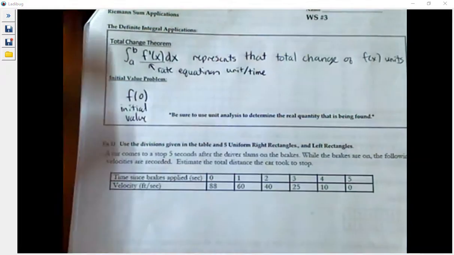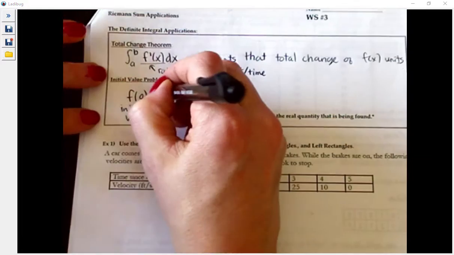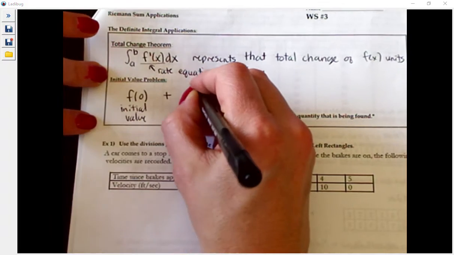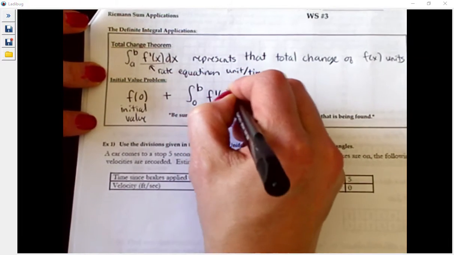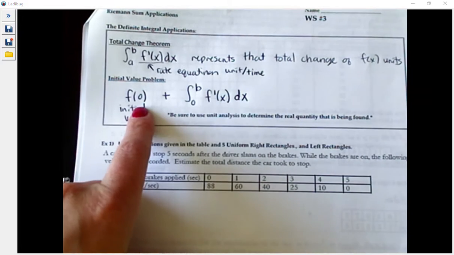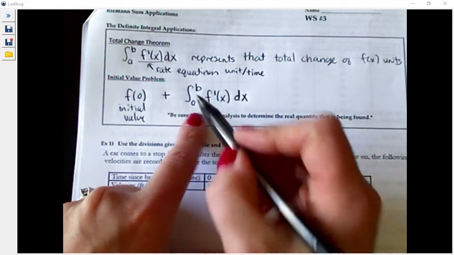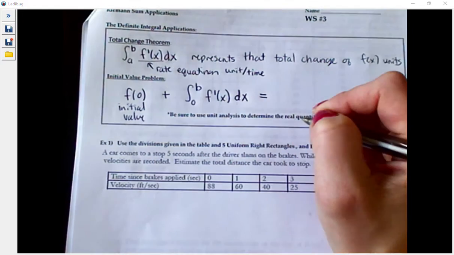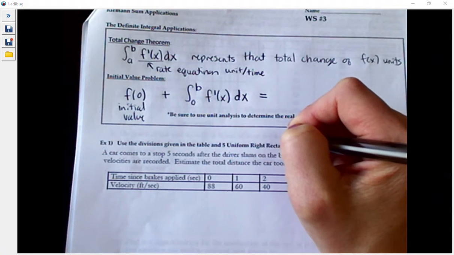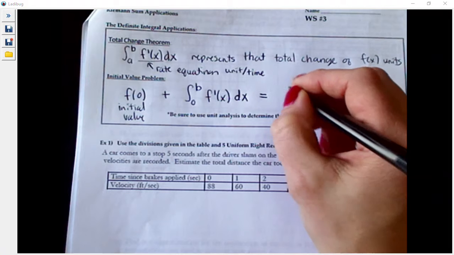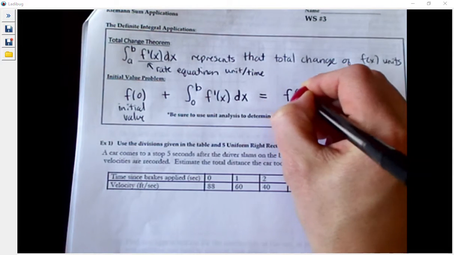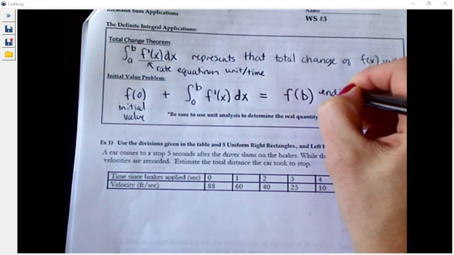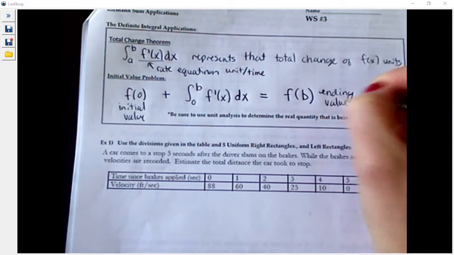Your starting value, that's where the 0 comes in, plus the amount of change from 0 to B equals f of B, which is the ending value.